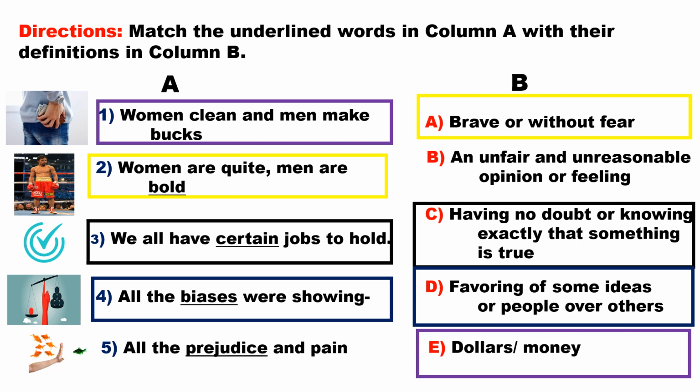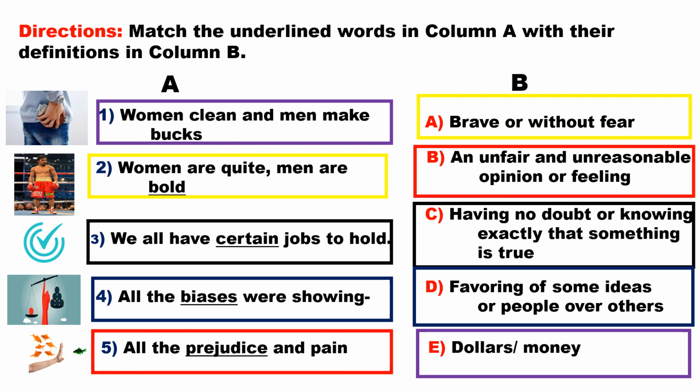All the prejudice and pain. What do you mean by prejudice? Letter B. An unfair and unreasonable opinion or feeling. So, if you've got 5 scores, congratulations. You did a very good job. Now, let's proceed.